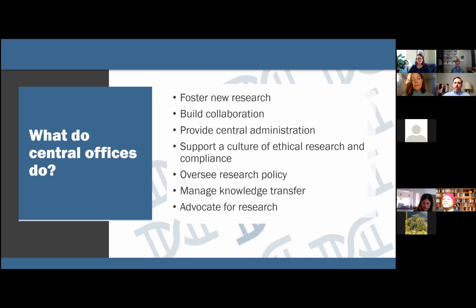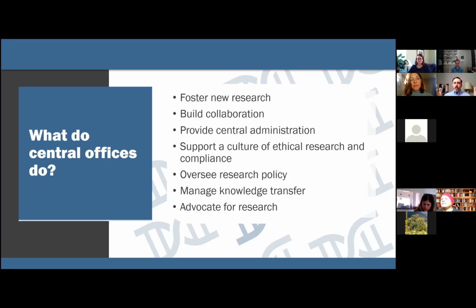They can build out central administration to do both support and compliance. They can set the culture for the whole institution in terms of how that organization does ethical research and how they follow the rules. They can help set that culture at an institutional level.